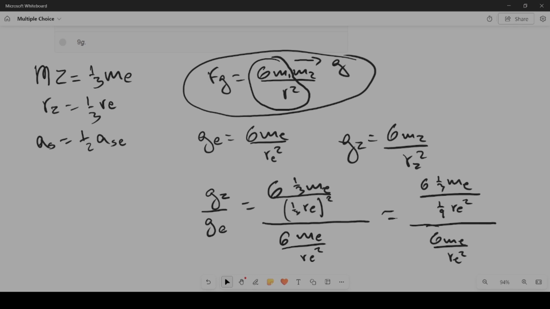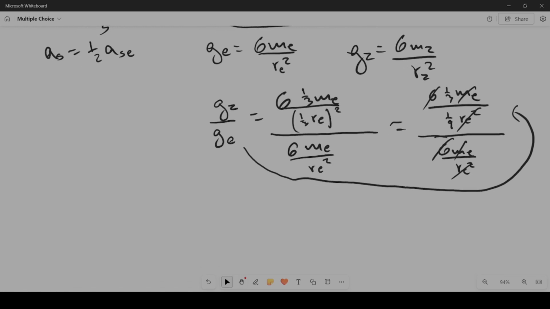Okay, and now we can just cancel out basically everything, right? So this with this, this with this, this with this, and we multiply times gravity on Earth so that we move this term to the numerator. So let's do that. Remember that we have 1/3 here and 1/9 here.